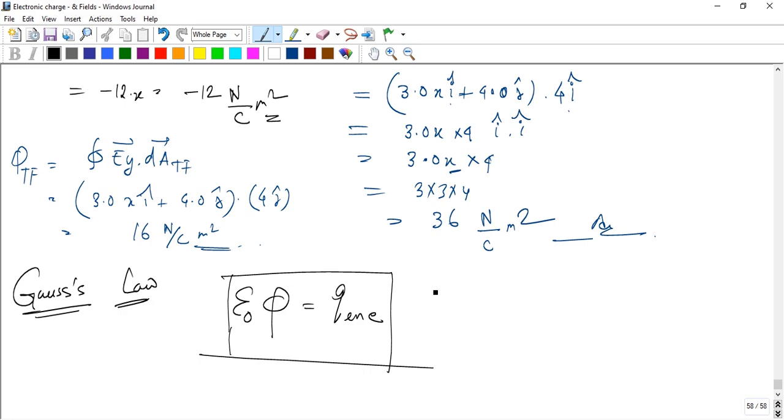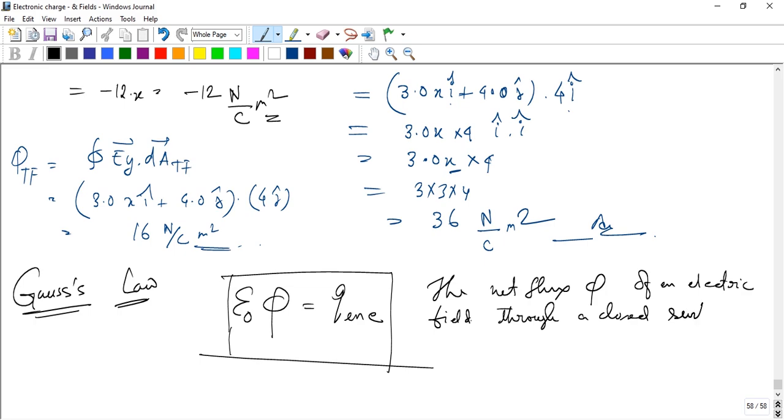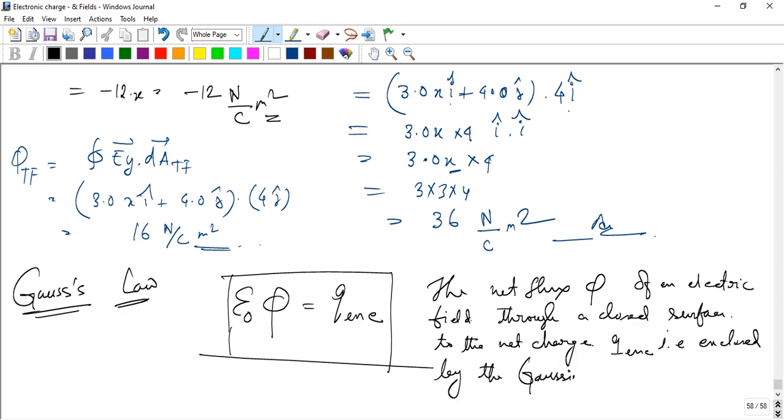The net flux phi of an electric field through a closed surface is proportional to the net charge enclosed by the Gaussian surface.